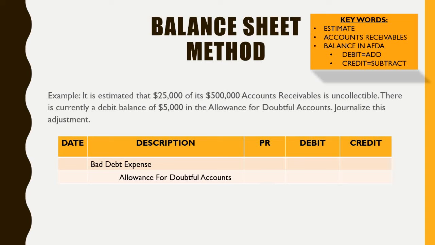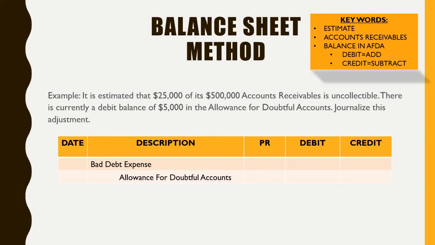If you remember from the previous slides, when Mr. Sanchez owed us money and then all of a sudden stopped making payments, what did we do? We debited the allowance for doubtful accounts right then and there, during the period.